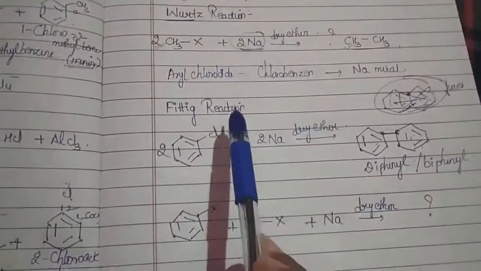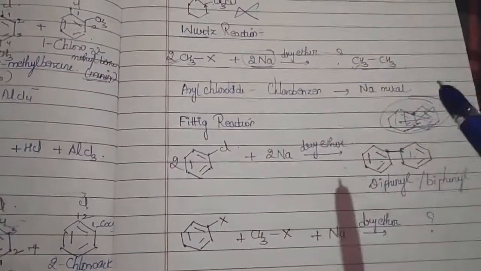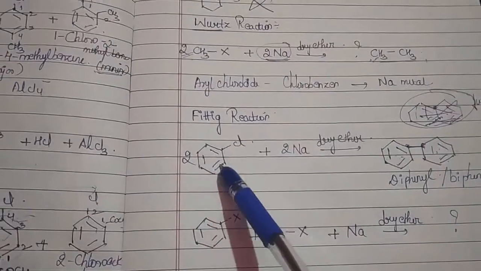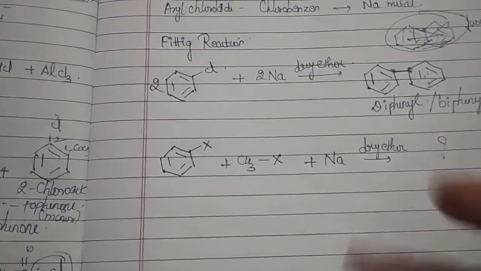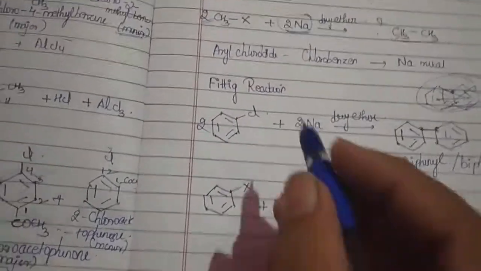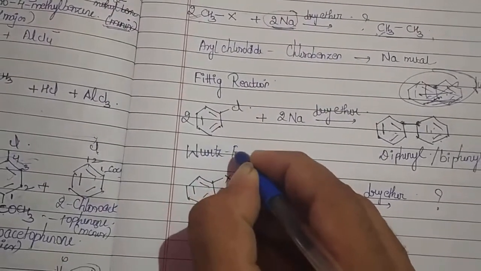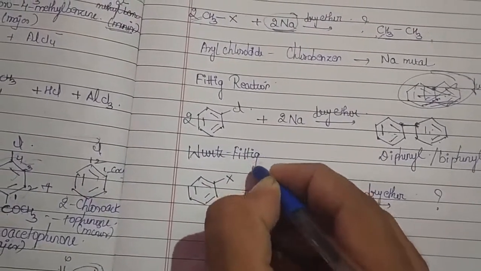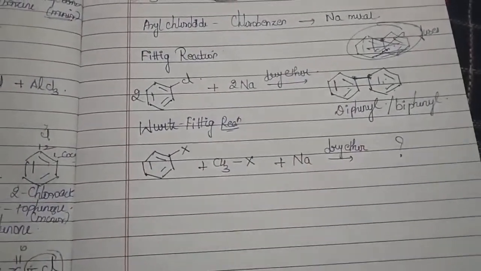In Fittig reaction I took 2 moles of aryl halide. The question that arose was, now if I take 1 mole of this and 1 mole of this, can I do my reaction in the same way? When such a question arose, there itself one reaction was called as what? Wurtz-Fittig reaction. So this itself is called a Wurtz-Fittig reaction.